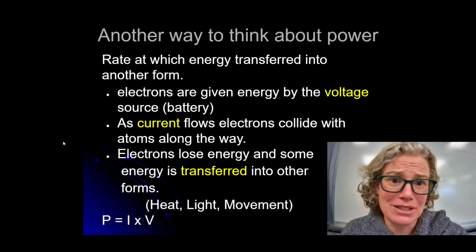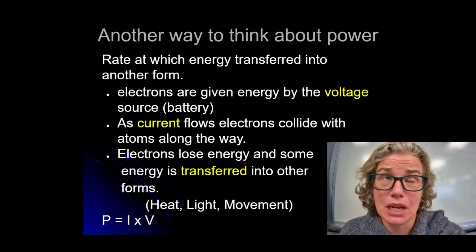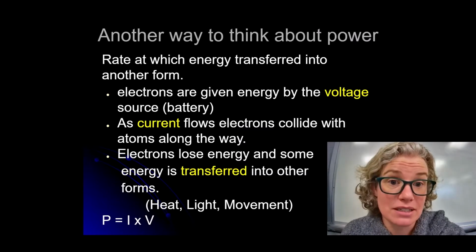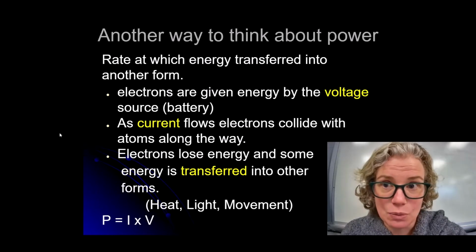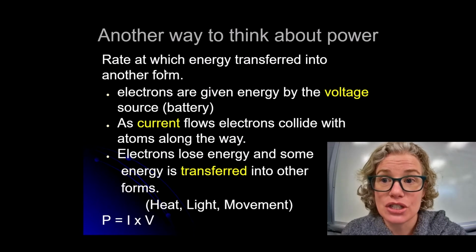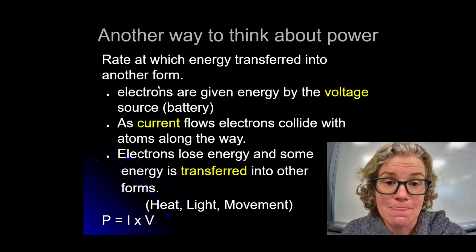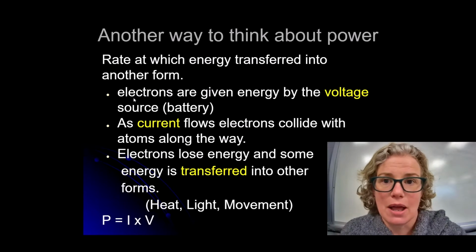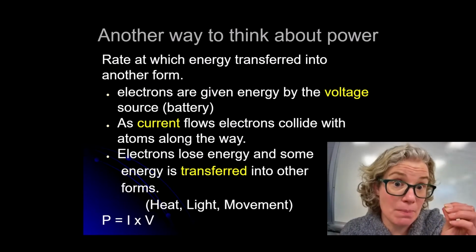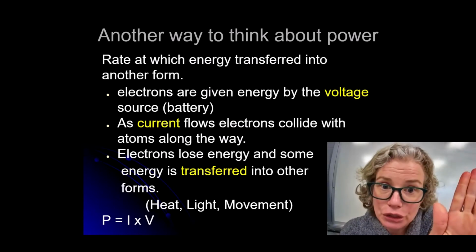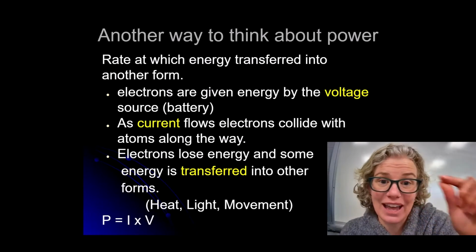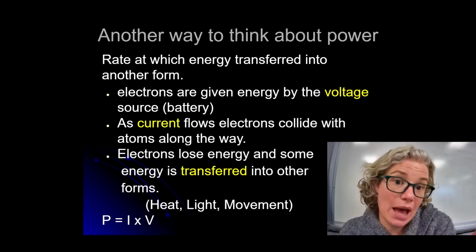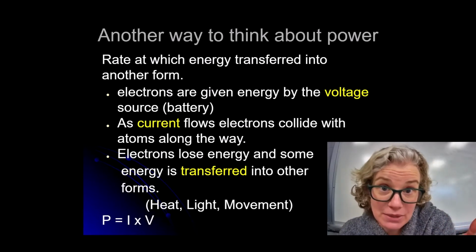I've been teaching electrical power for many years, but it still didn't really make sense to me. So I spent a lot of time doing additional research about other ways to think about power. I liked this one. It said power is the rate at which energy is transferred into another form. Basically, your electrons are given energy by the battery. The battery is providing the push, remember? And as those electrons flow through the circuit, they bump into other atoms. We talked about that when we talked about resistance.